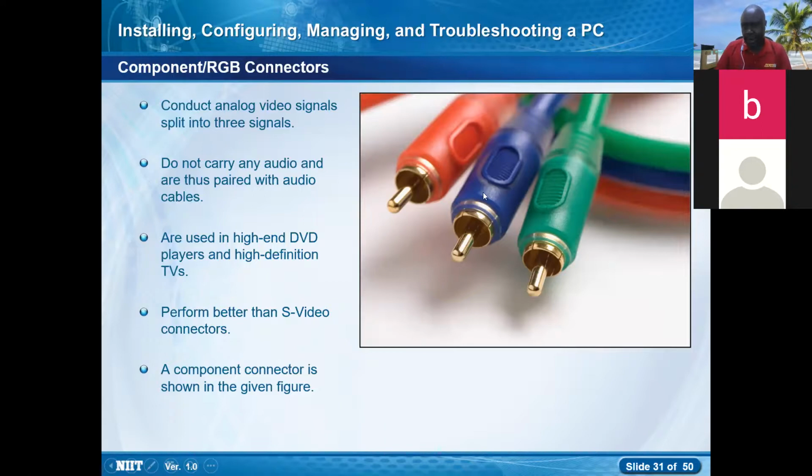These are color codes representing one for sound, video, and for control signals. Again, these were commonly used on VCRs or satellite decoders. They can carry audio and visual sound.